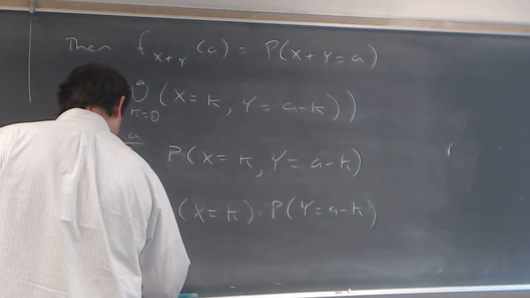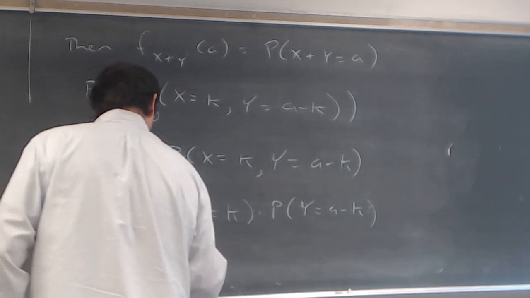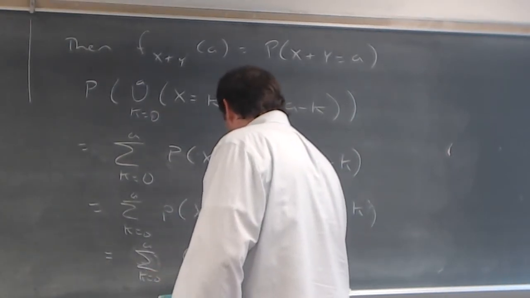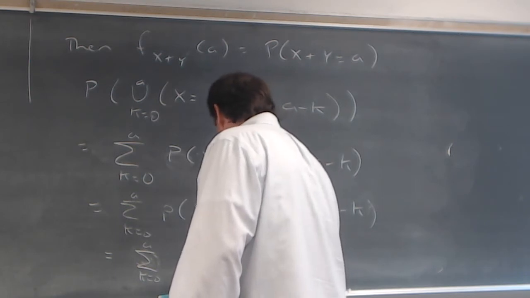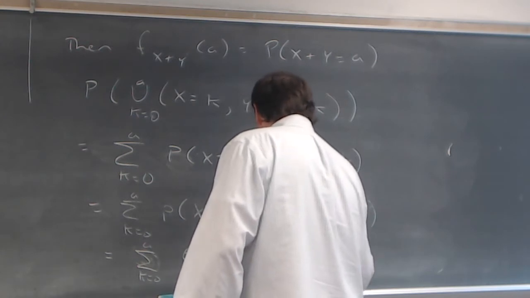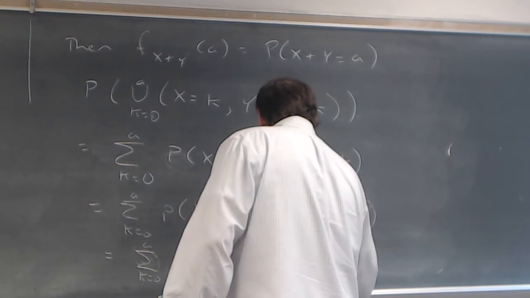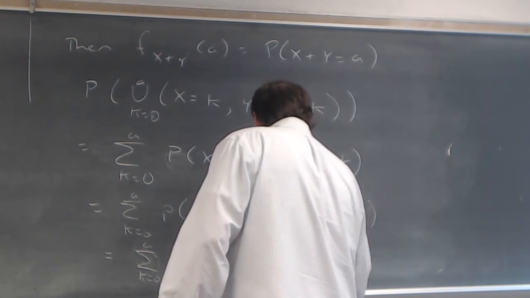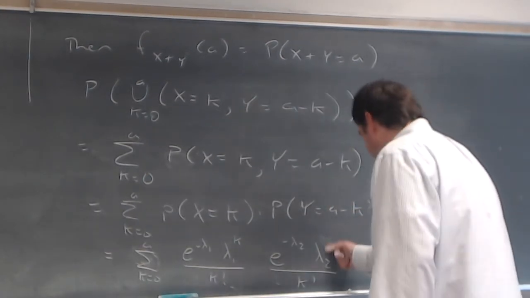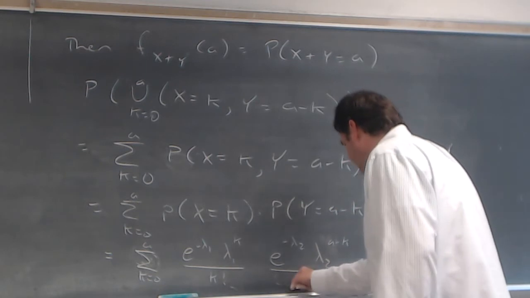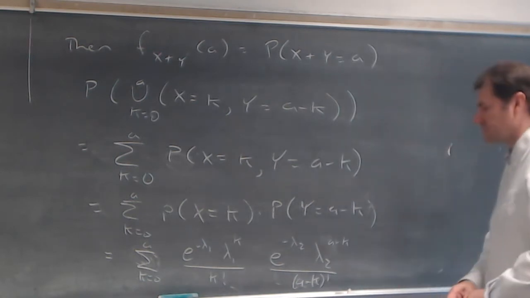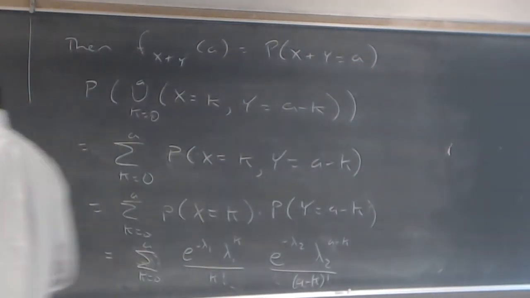So it's the sum as k runs from 0 to a, and for Poisson here, this is going to be e to the minus lambda 1, lambda 1 to the k, all over k factorial, and here this is going to be e to the minus lambda 2, lambda 2 to the a minus k, all over a minus k factorial. That's what the power is there. Okay, excellent.